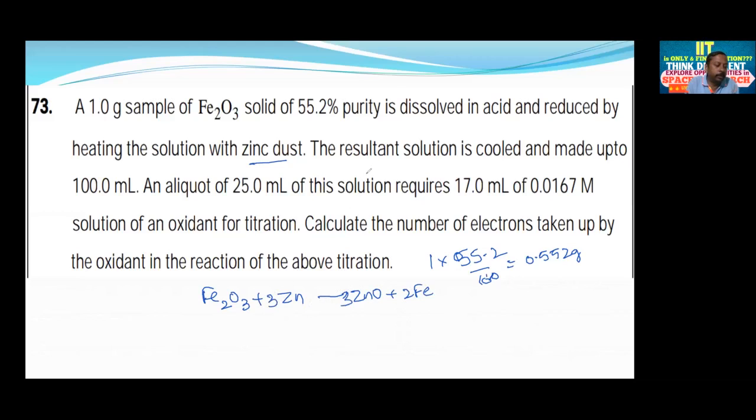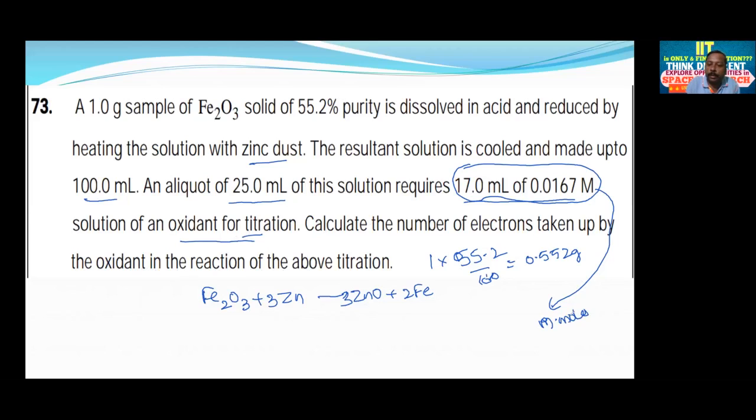Then the resultant solution is cooled and made up to 100 ml. Then an aliquot of 25 ml requires 0.017 M of oxidant for titration. So here you will multiply, and you will get the milli equivalent, or millimoles. And for the titration, calculate the number of electrons taken up by the oxidant.